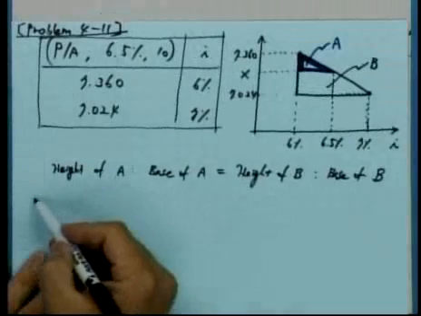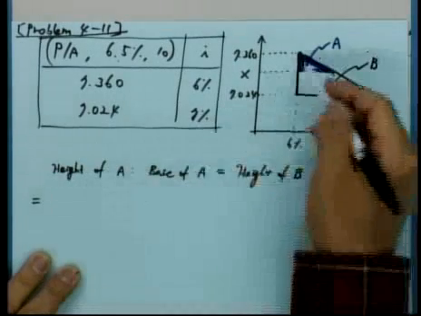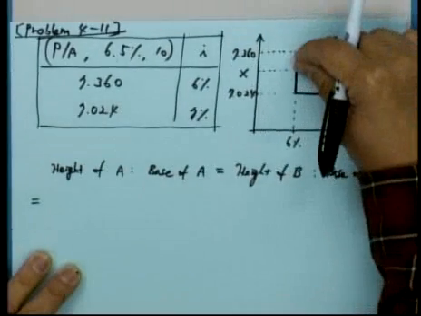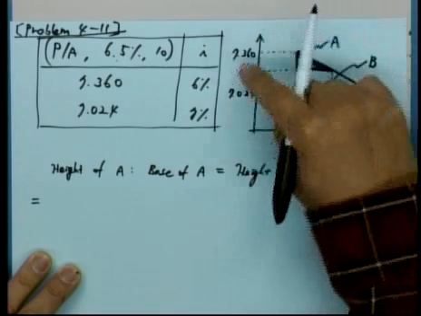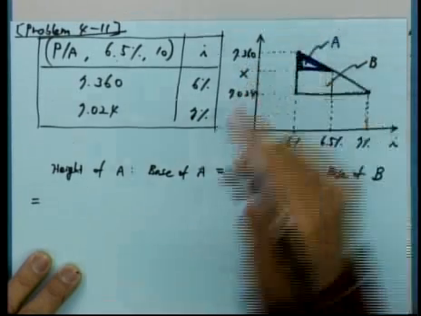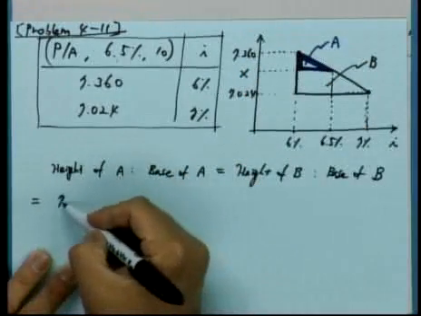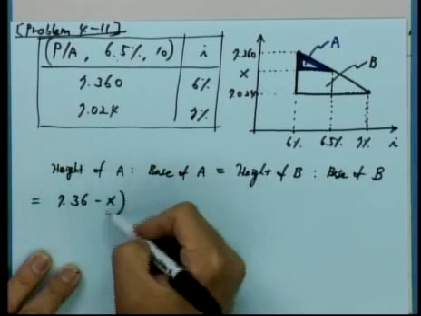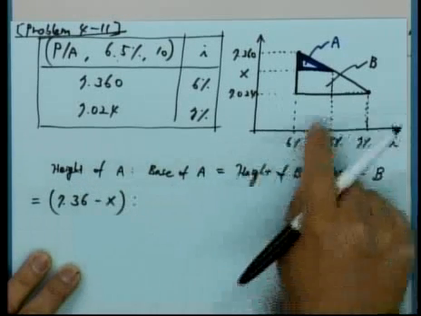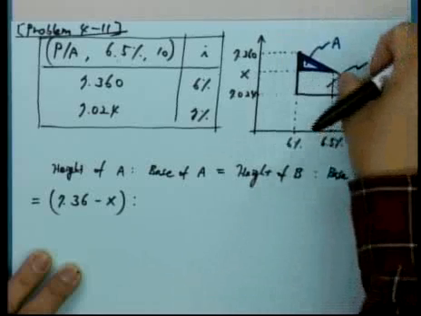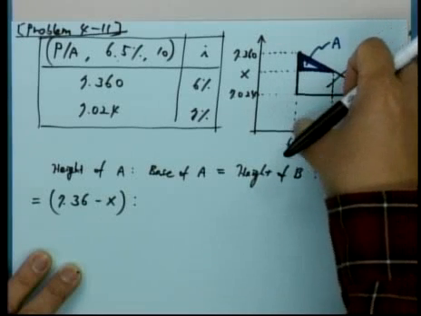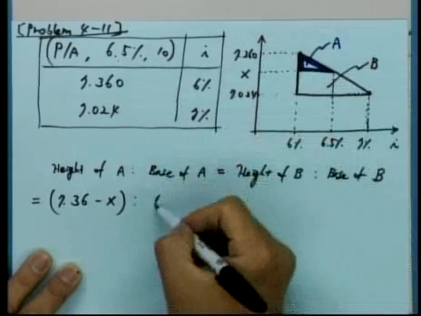So how do you get the height of triangle A, which is this much? That's going to be 7.36 minus x, right? And the base of triangle A is 6.5% minus 6%, right?